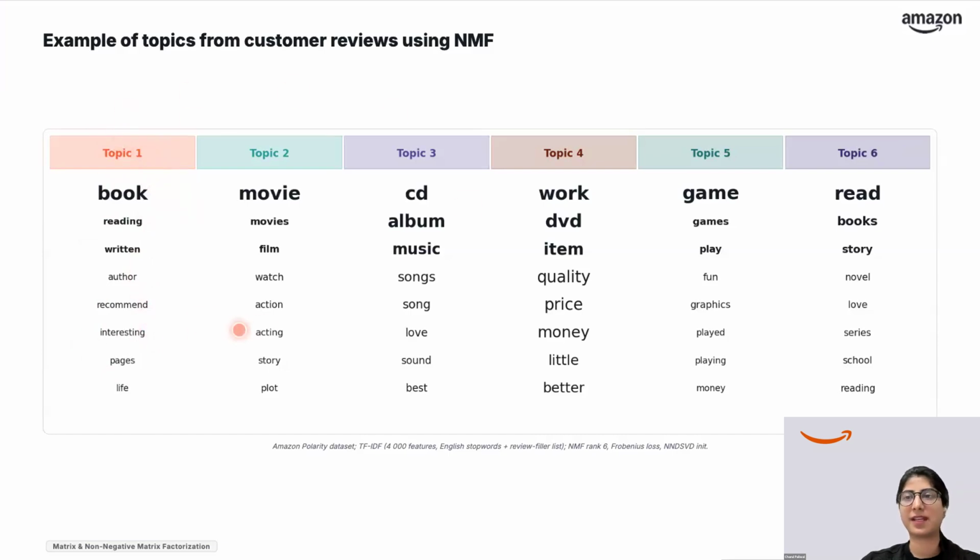If there's a negative term, then it's very difficult to put that interpretability into this topic model. So here the non-negative matrix factorization helps.